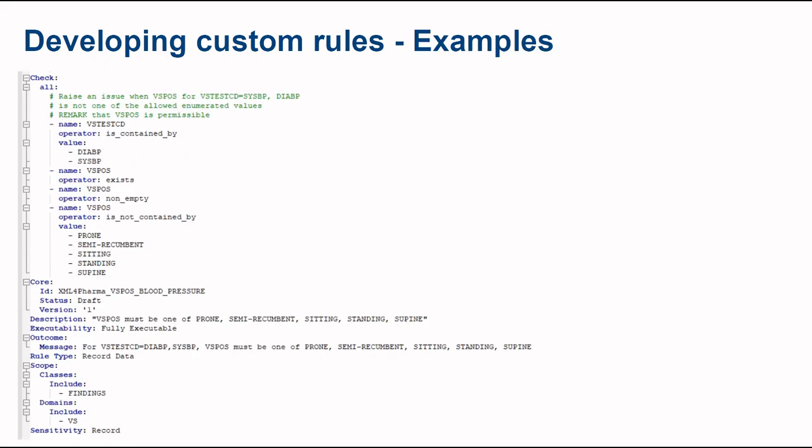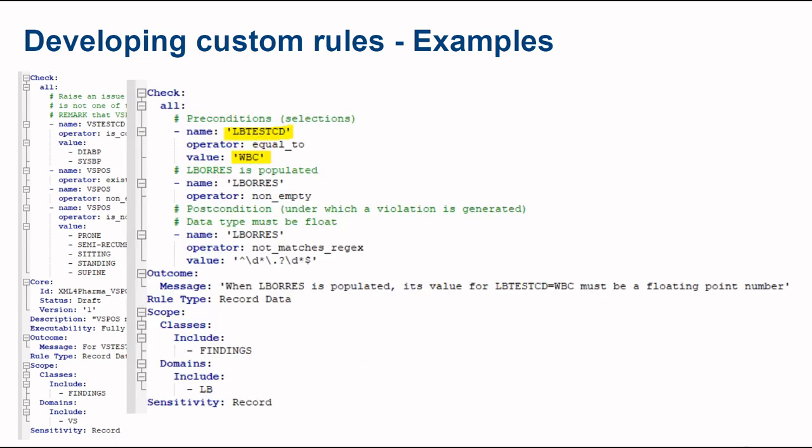This is a somewhat more difficult rule, stating that when VSTESTCD is either SYSBP or DIABP and VSPOS is present and populated, then the value of VSPOS must be one of the 5 allowed values. Another one is that when the lab test is white blood count and LBORRES is populated, then its value must represent a number.